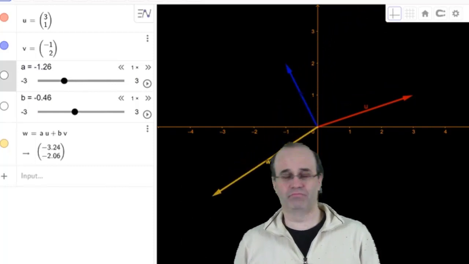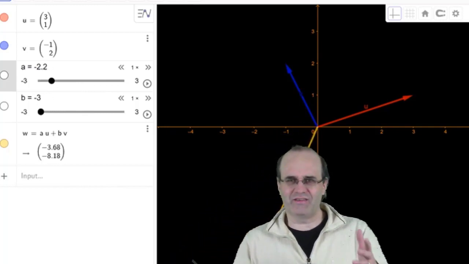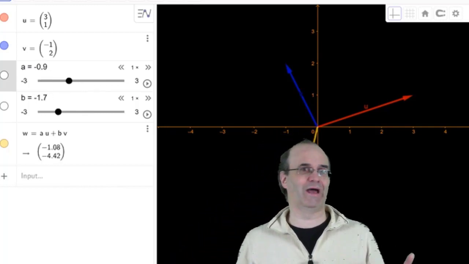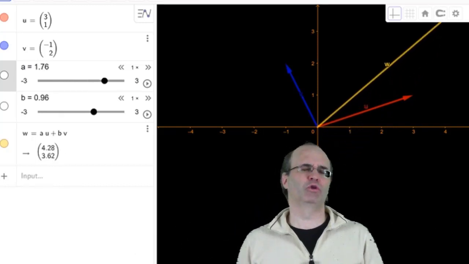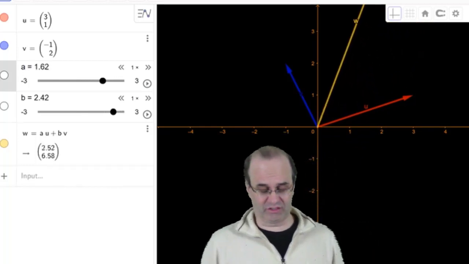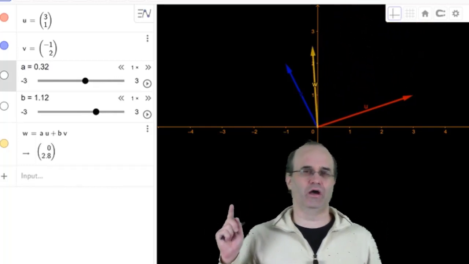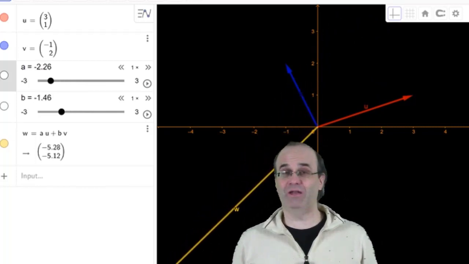Based on this, you can imagine that since w can go in any direction around the origin, if you increase a and b enough, you'll be able to obtain all the vectors in R2. And this is indeed the case: because u and v are not parallel, their span will be all of R2.